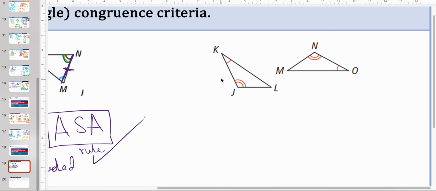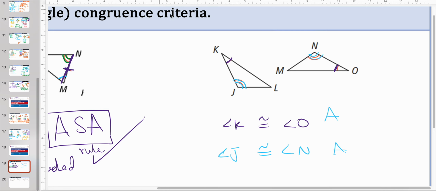Now looking at here I have this angle, angle K, is congruent to angle O, and also angle J, double lined, is congruent to angle N. Angle J is congruent to angle N. But I can't tell yet that they are congruent because I have only two angles. I should have another side.